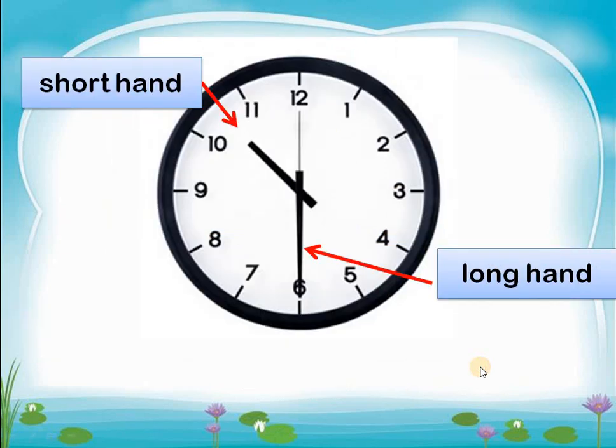Next is this clock. Let's look at the short hand. The short hand is pointing at the middle between 10 and 11, and the long hand is pointing at 6. So if the long hand is pointing at 6, it's 10:30.